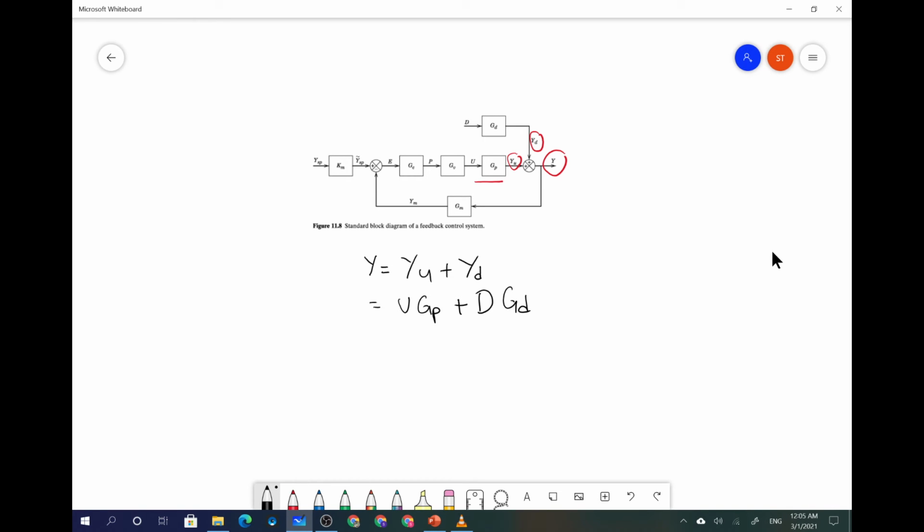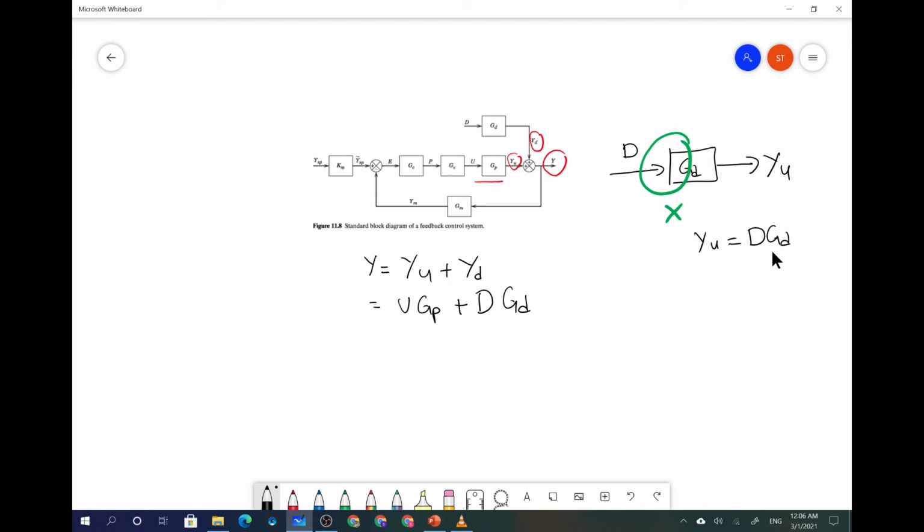As you can remember, when you have an arrow in a block diagram, this one, d Gd, this is Yd. This symbol means times. So that's why you have Yd equal to d times Gd. Hope you get that.